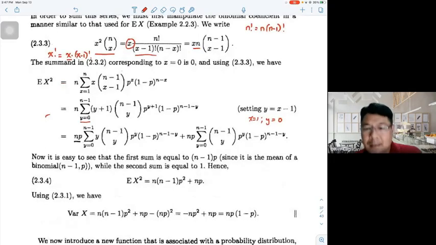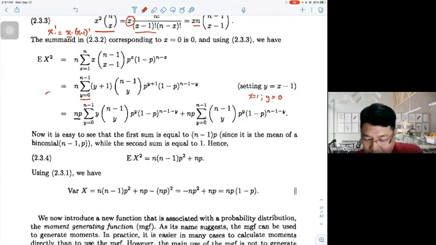Then distributing what is inside our summation symbol here, we have the sum will be equal to the sum of the summations. So we have this expression in the last part.